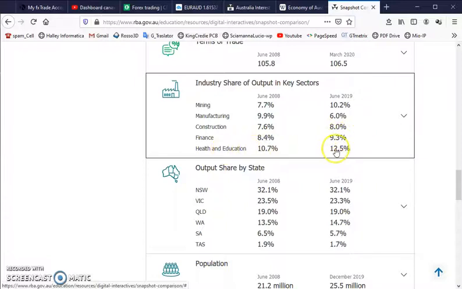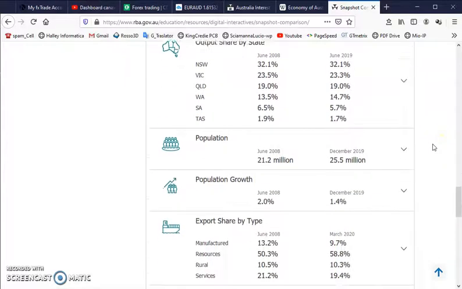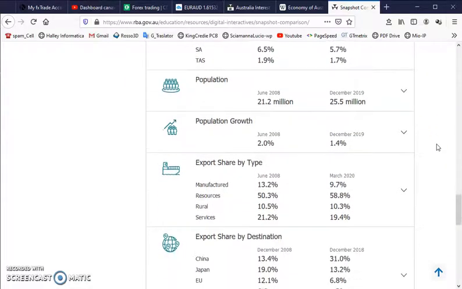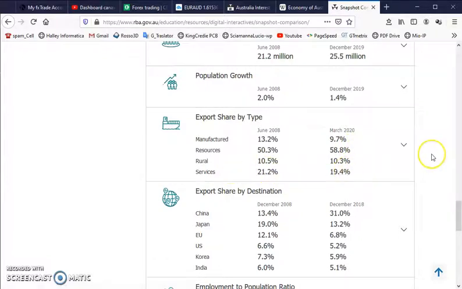Health and education is higher too. And we can see that in export share by type, manufactured goods are lower, resources are higher, and other services are near the same.